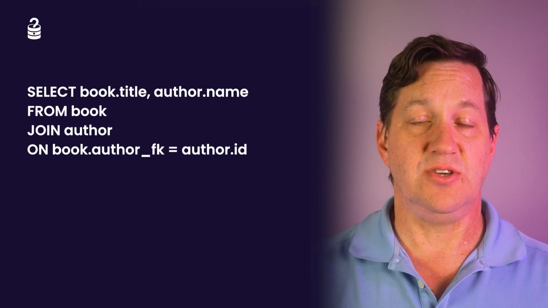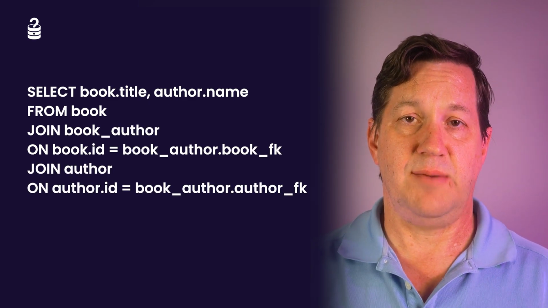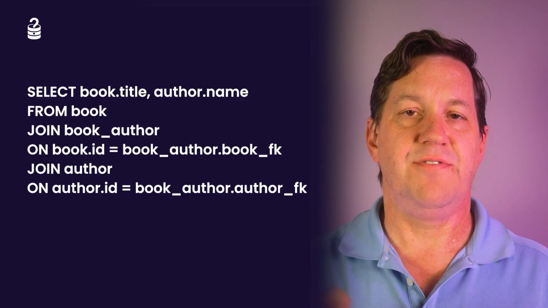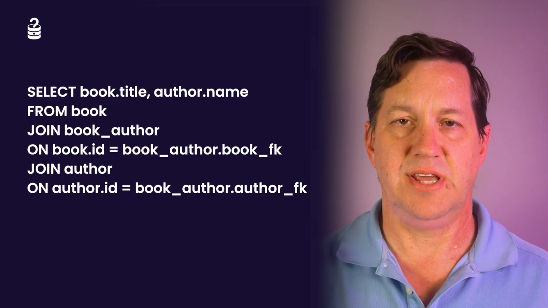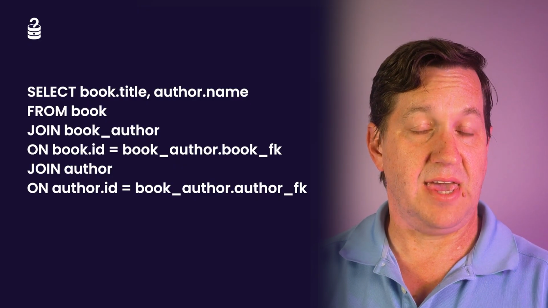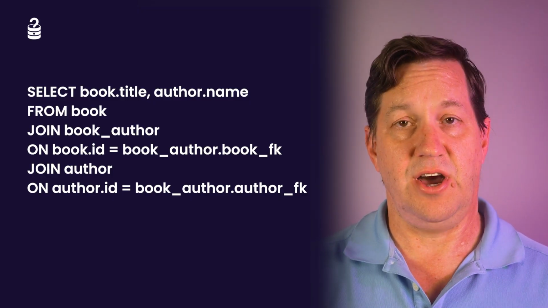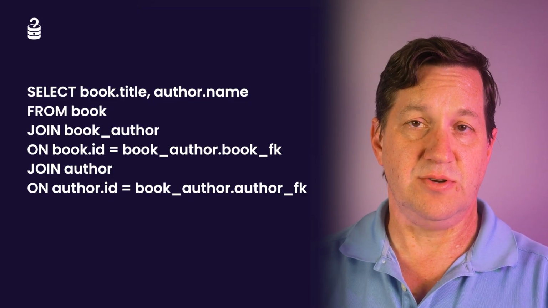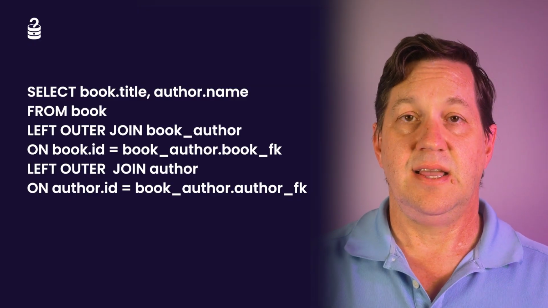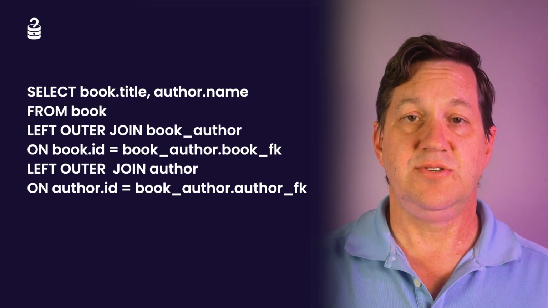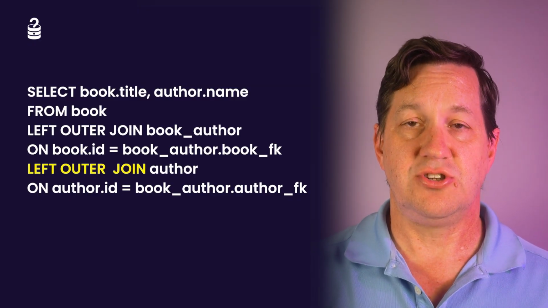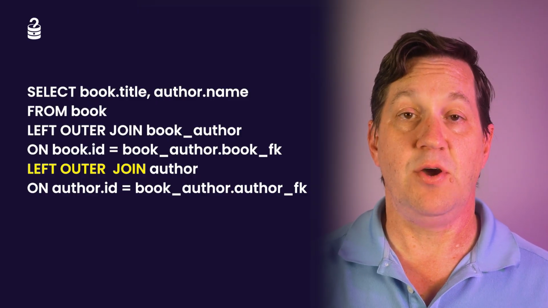We had to change that to select book.title, author.name from book join bookauthor on book.id equals bookauthor.bookfk, join author on author.id equals bookauthor.authorfk. And even further on to using left outer joins to ensure that we're bringing in books that have no author.